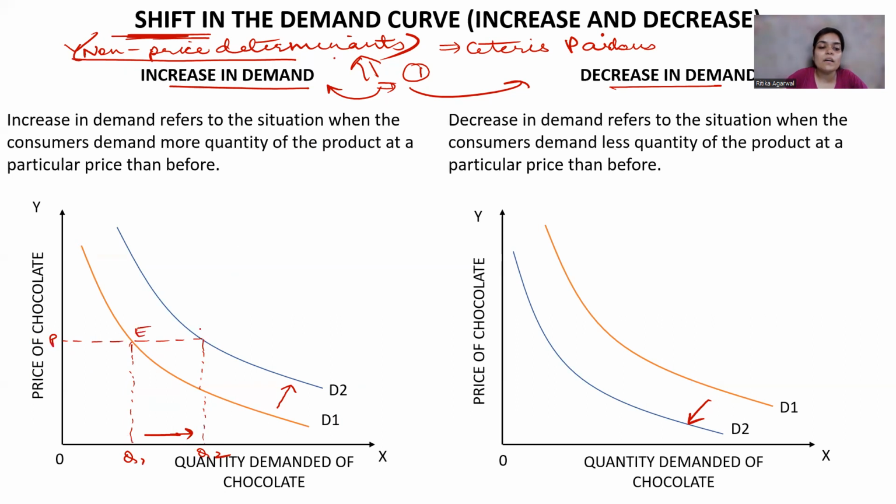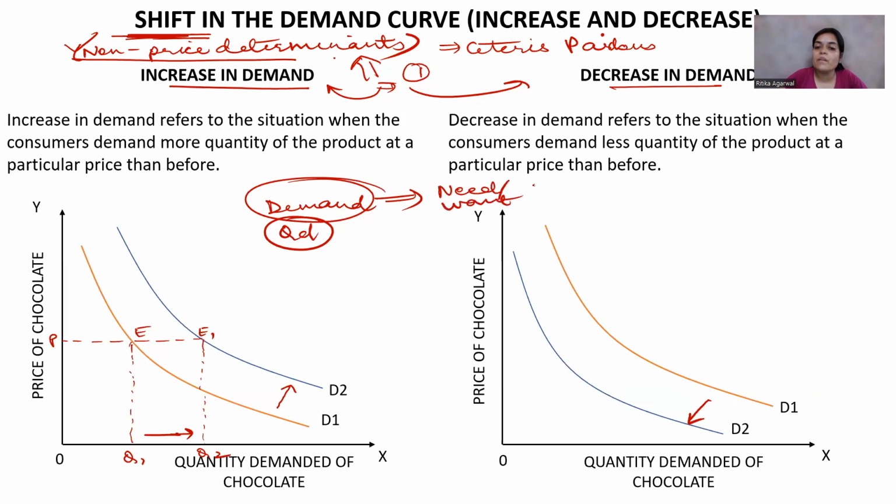Now, one thing to remember here is that there is a difference between demand and quantity demanded. Demand will include all the three things that we started with, that is the need or want of a person, plus willingness to pay, plus money, or you can say required availability of resources.